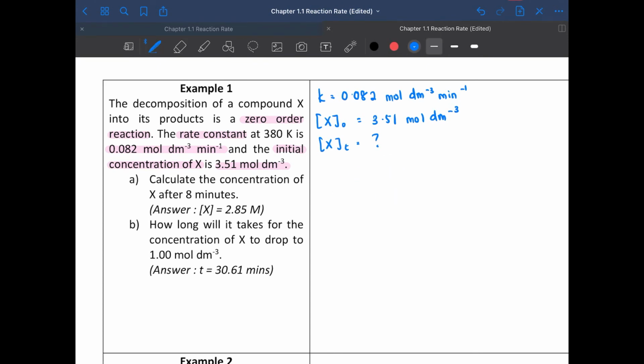The integrated rate equation for zero order is concentration X naught minus concentration Xt equals kt.